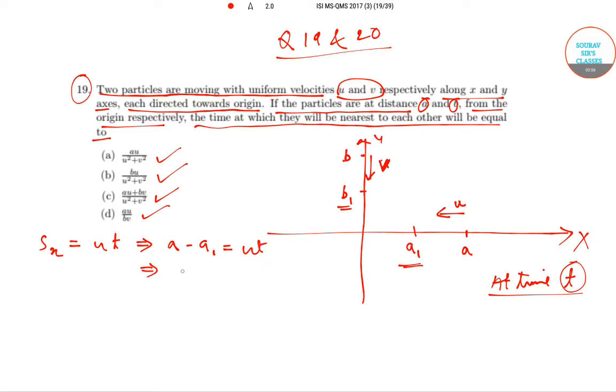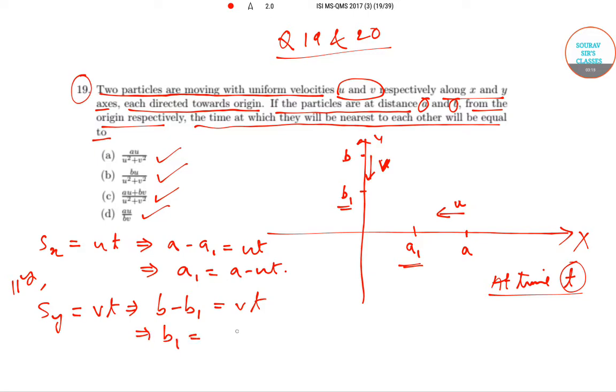So you can safely write that a1 is equal to a minus ut. Similarly, s of y is equal to vt. Now s of y is equal to b minus b1, that is equal to vt. This implies that b1 is equal to b minus vt.